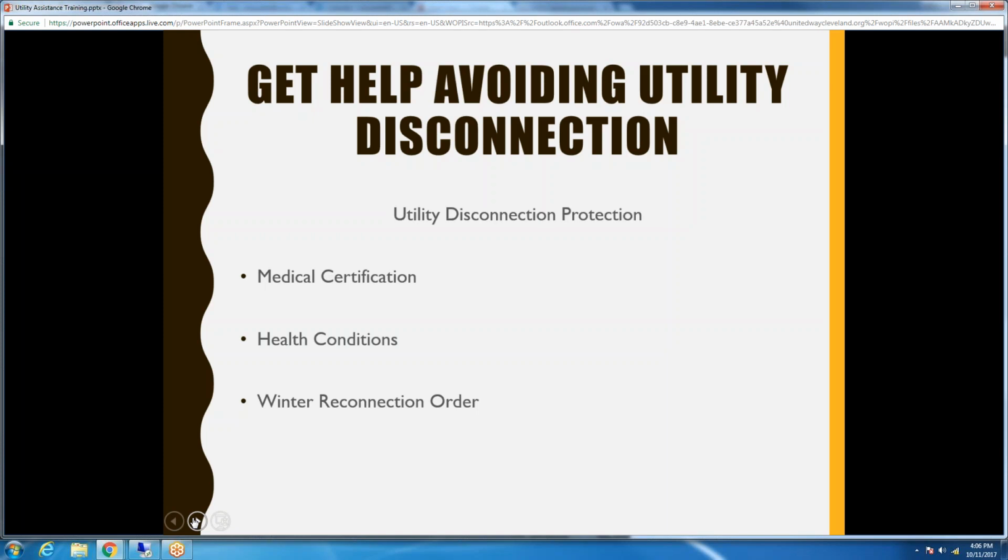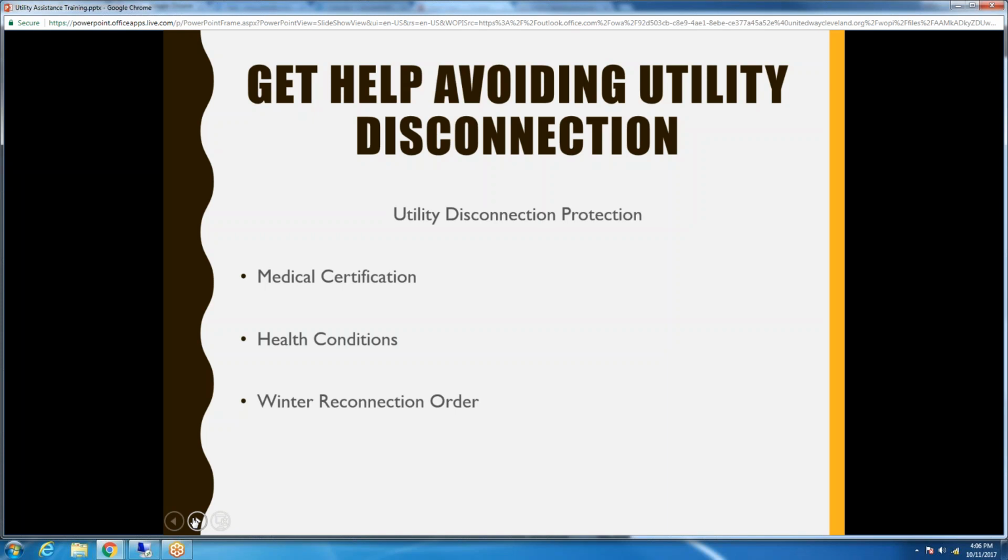Basically, a lot of our programs that help with utilities actually require you to have a disconnection notice. So if you're on the medical cert and it removes you from that, you're not going to have a disconnection notice technically. Now I have heard some places may do the application under the table, so to speak, and then they send it in once the medical cert is up.